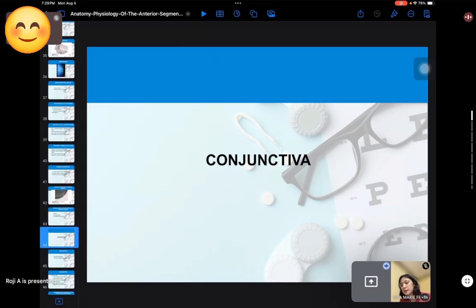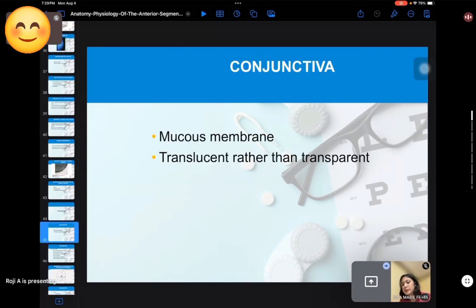So let's talk about conjunctiva. The conjunctiva is a mucous membrane, translucent rather than transparent. That's why you would notice the conjunctiva ends where? Limbal area. It cannot penetrate all the way to the cornea.